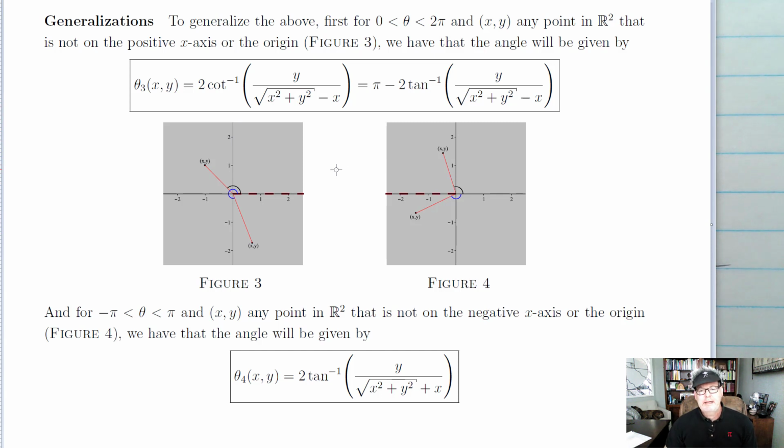Some sophisticated math software might even return the proper angle, if it's a multiple of pi, say you had negative root 3, negative 1 as your point. Or we can use this formula, but then the angle goes from negative pi to pi, so it depends. But it works for all points not on the negative x-axis or the origin. So we've got a couple options there.